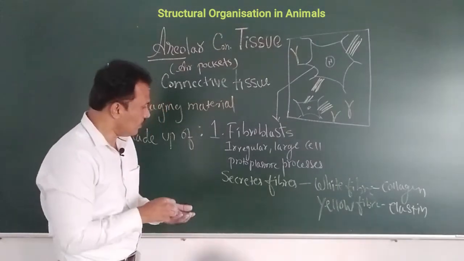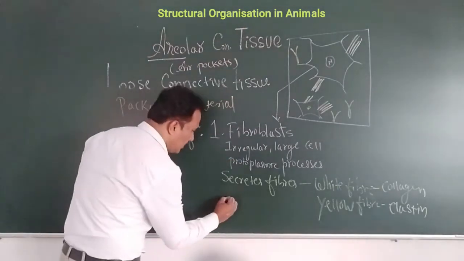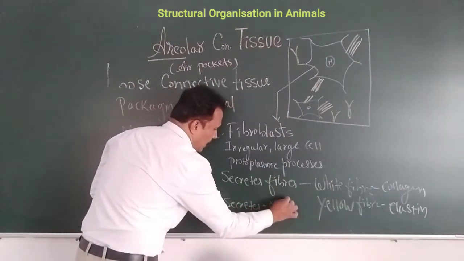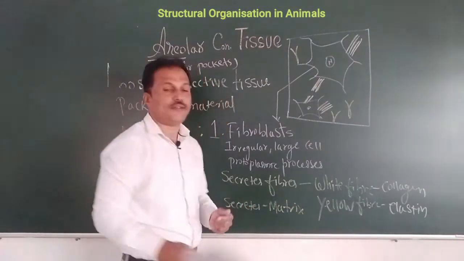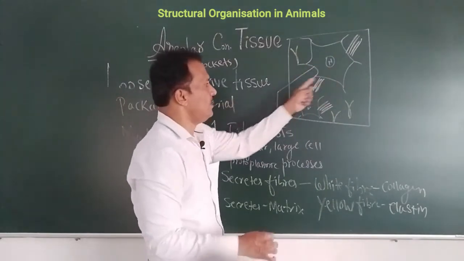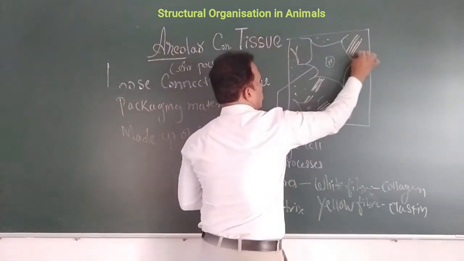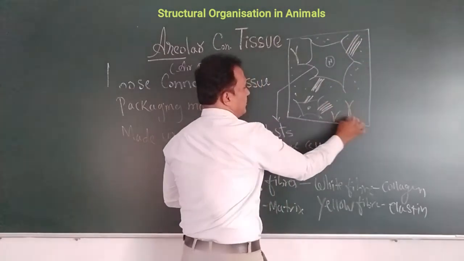Apart from fibers, this fibroblast also secretes the ground substance known as matrix. In between these cells and fibers, you will find the ground substance known as matrix.